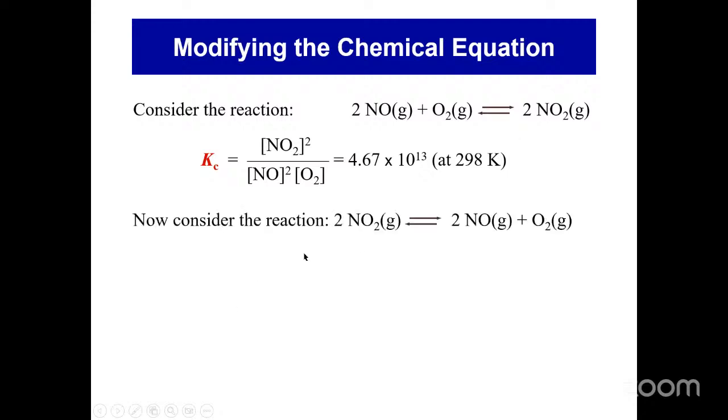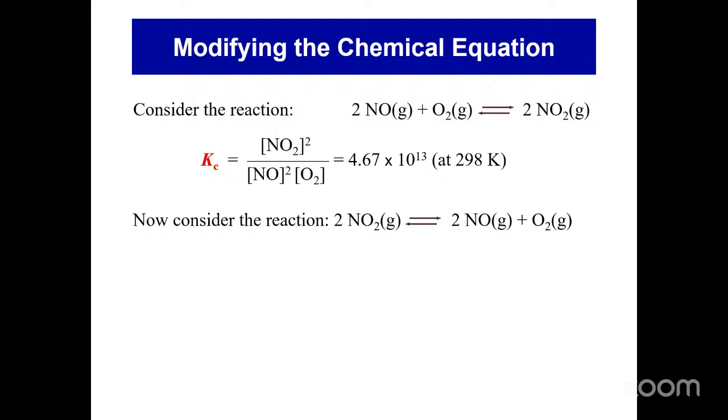So what if you're given this equation, right? How would you determine the Kc for this equation based on this equation and the Kc for that equation? Now, my first question to you is, compare these two equations. What do you observe is the difference between them? Exactly.